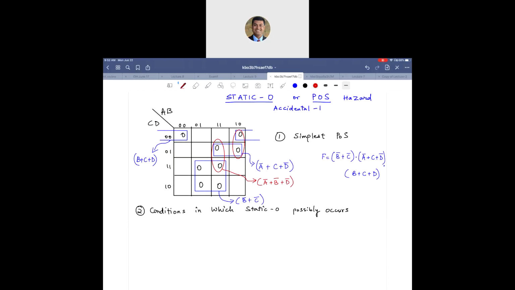And for this guy, it is going to be A is a 1, B is a 0, C is a 0. So in red, I can add two more terms. That will give me the hazard free or the glitch free.